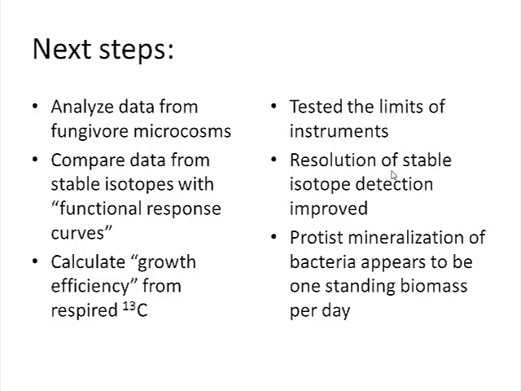We've been trying to calculate growth efficiencies from the respired 13C experiments, and we have already encountered a number of instances where the numbers that are currently used in the models, and those numbers primarily come from the end of the 70s, early 80s. Some of you might remember the IBP program, International Biosphere Program, where a lot of this early soil ecology work was done and these numbers were accumulated.